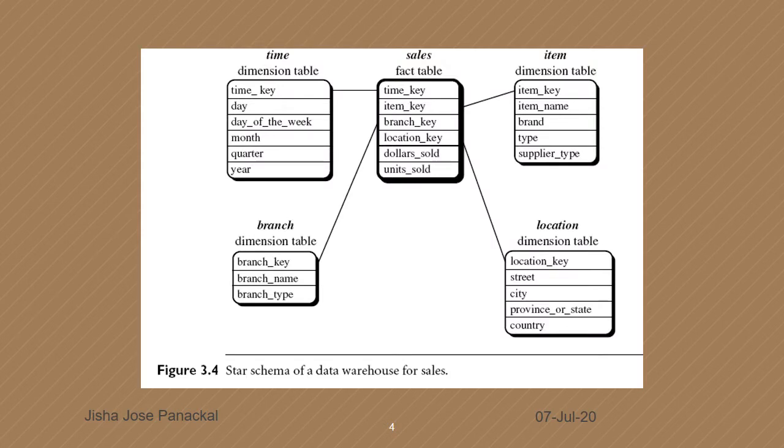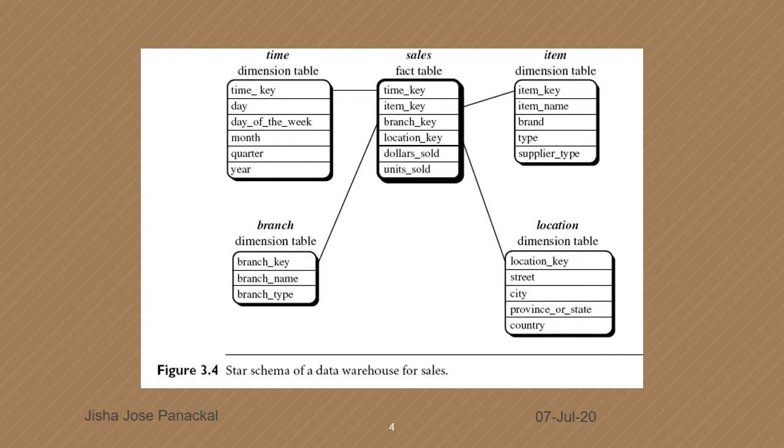This is an example for the all electronics data warehouse, the same we have discussed earlier. So we have a sales fact table. Sales is the fact or the central theme, and we have 2 items in this fact table. One is the measures or facts, and we have keys to each and every dimension.